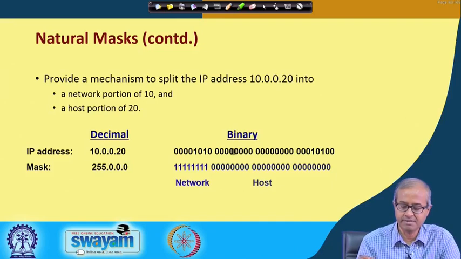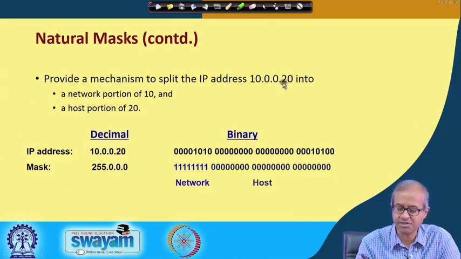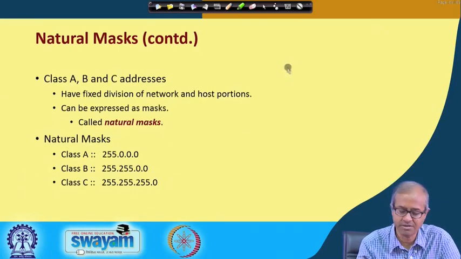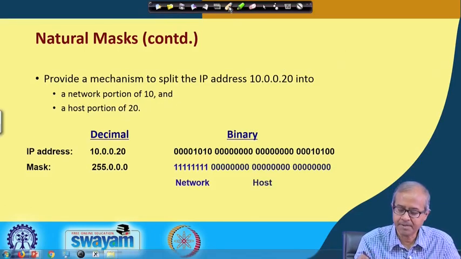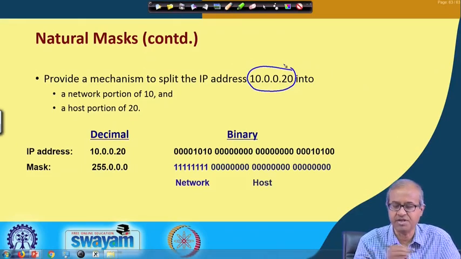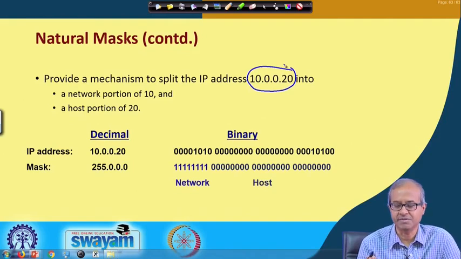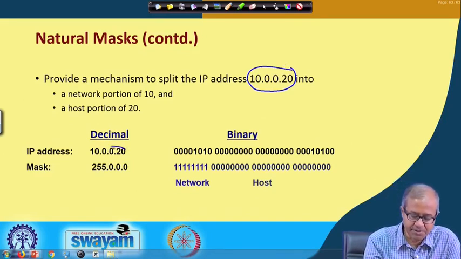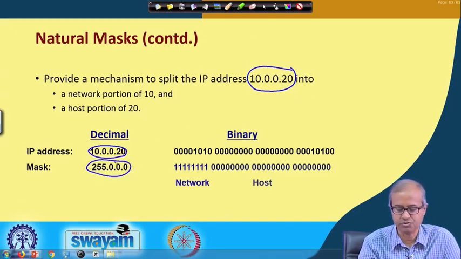Let us take a specific example. Suppose we have a specific IP address of a host on this class A network, let us say 10.0.0.20. This is my IP address and already we have seen that the natural mask is 255.0.0.0.